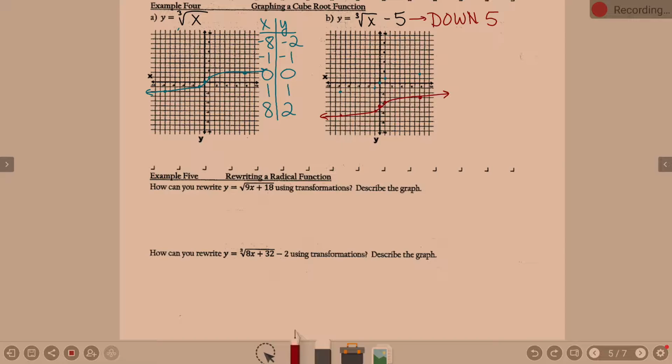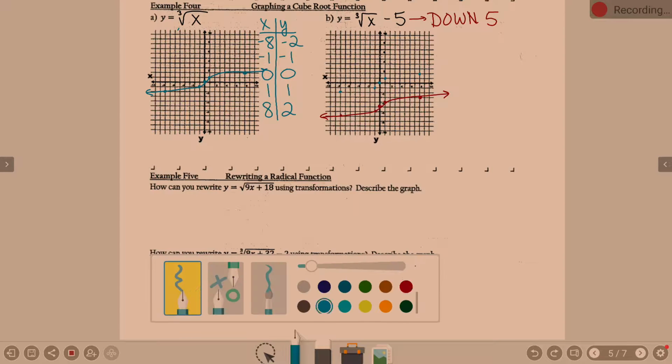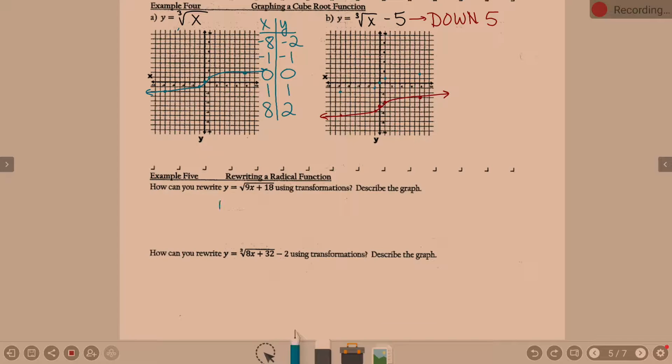So what do you notice about 9x and 18? They're all under the radical. What do they have in common? Do they both have a factor of 9 in them? Yeah. Okay, so I'm going to rewrite this, but I'm going to factor my 9 out under the radical.